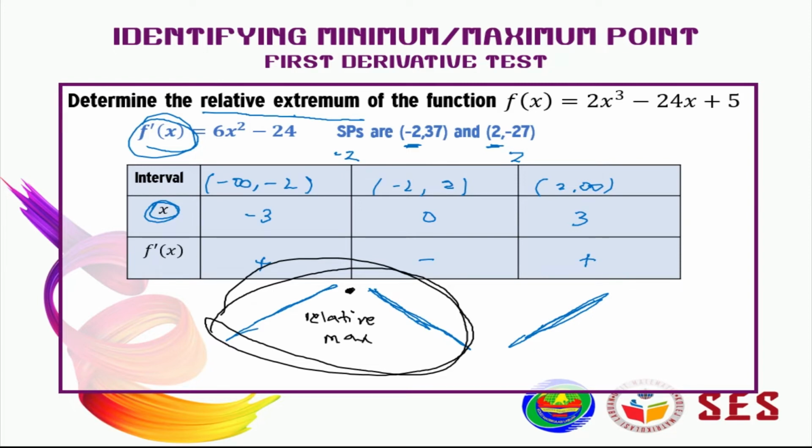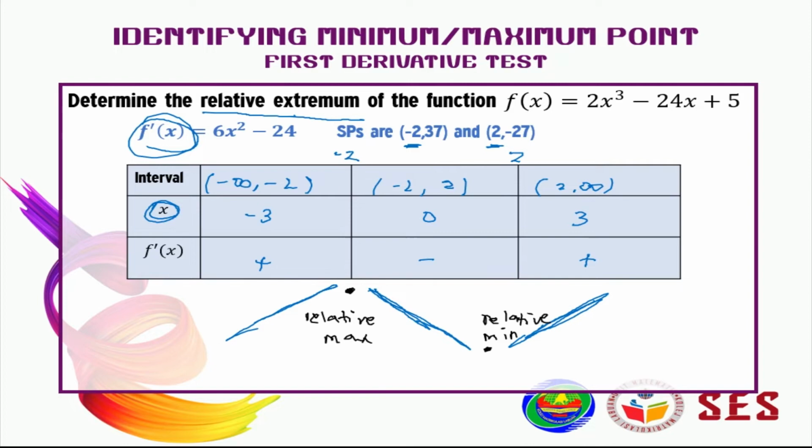And your (2, -27) is going to be a relative minimum. So write a conclusion: (-2, 37) is a relative maximum, and (2, -27) is a relative minimum.